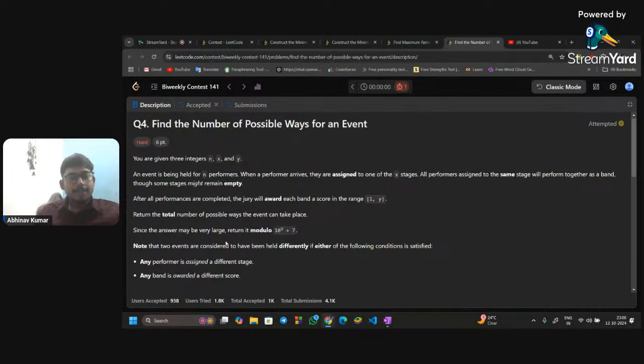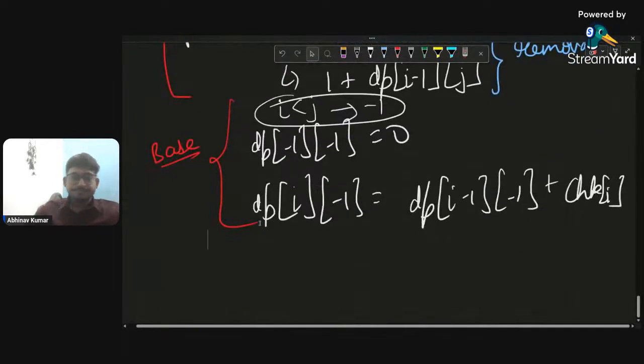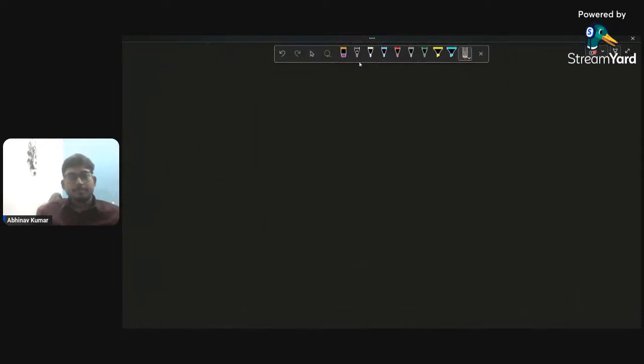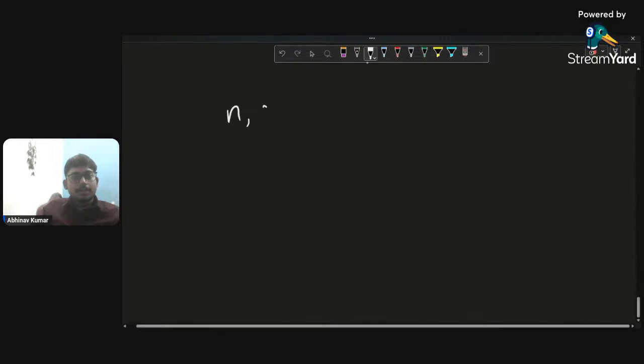We are given three integers n, x, and y. What does that mean? That there are n performers.